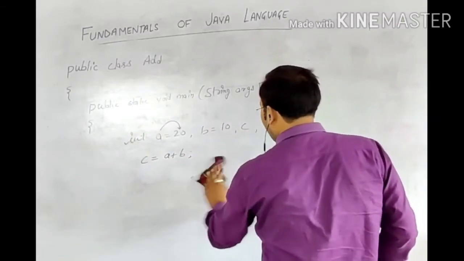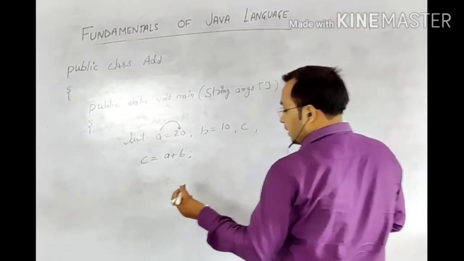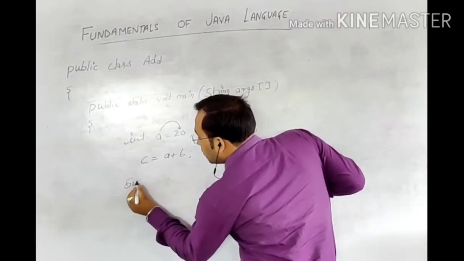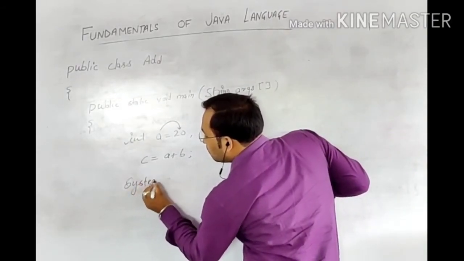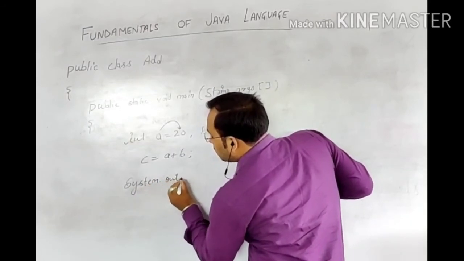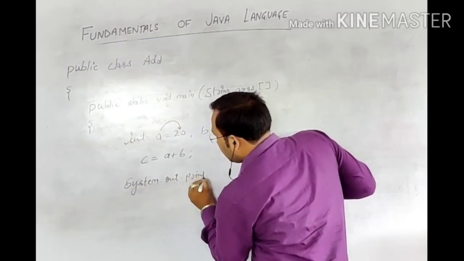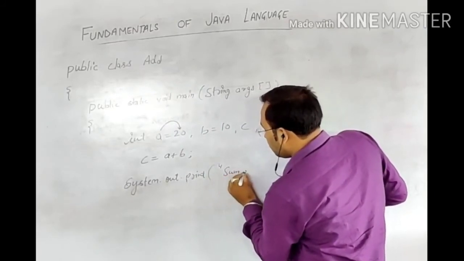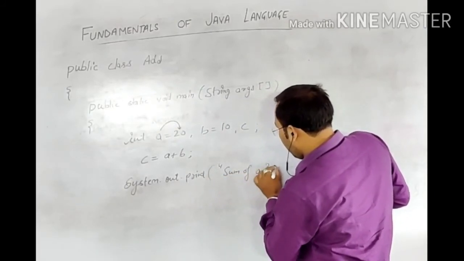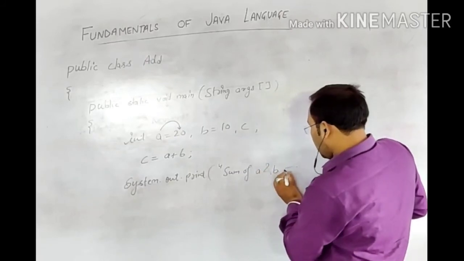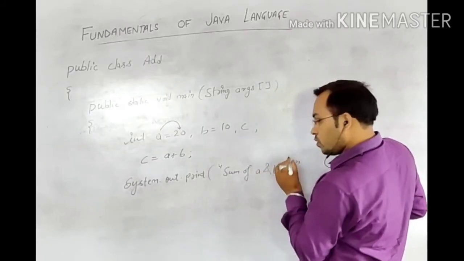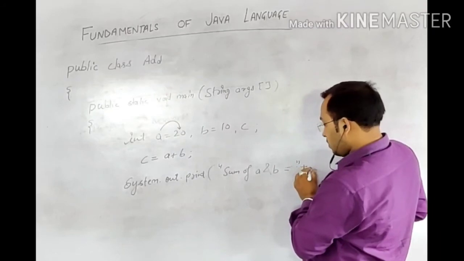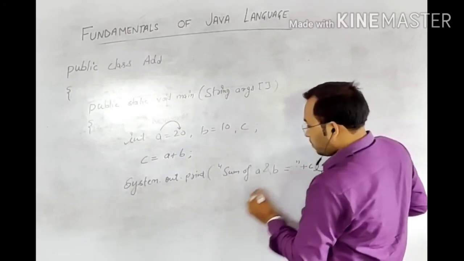And if you want to print it, then the same procedure: System.out.print sum of a and b is equals, bracket close, plus c.